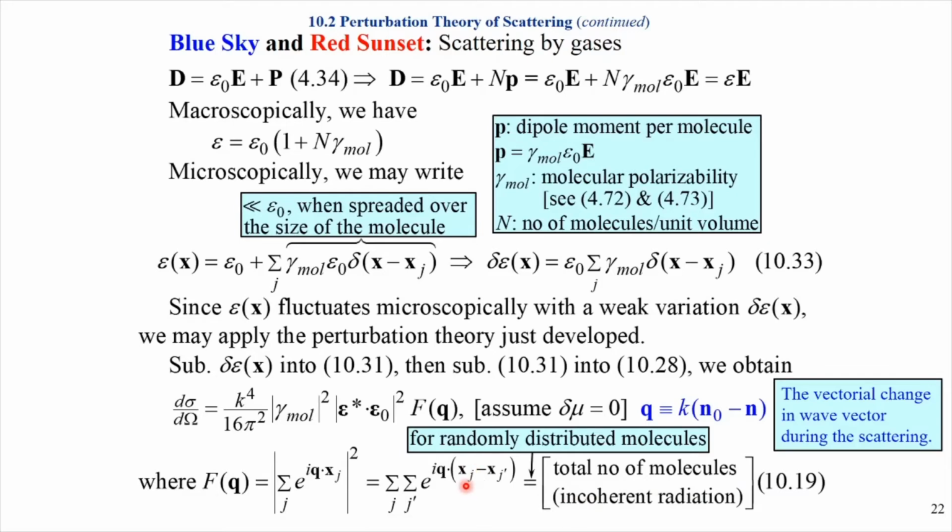Only when xj equals xj prime do we have a value. Otherwise, because they are randomly distributed, there is no contribution. Okay, makes sense. So this one will give us the number of particles because of randomly distributed molecules.